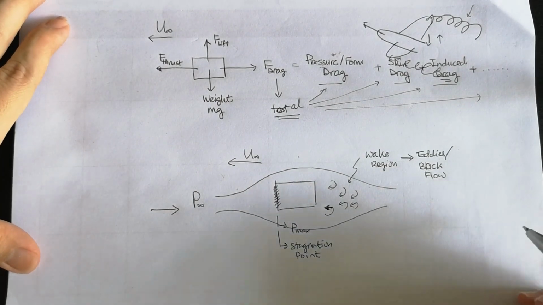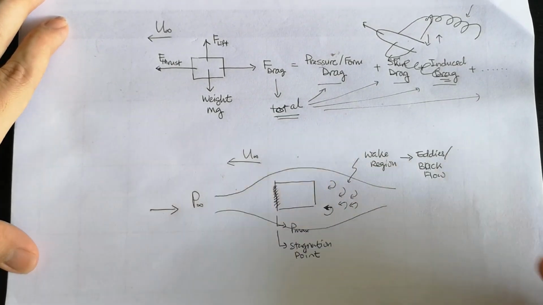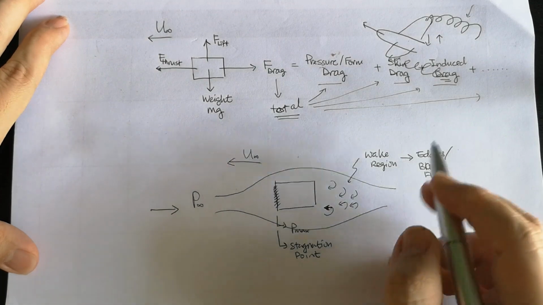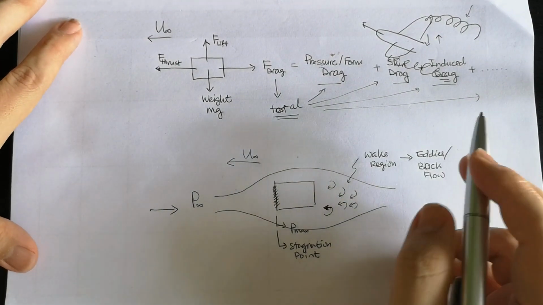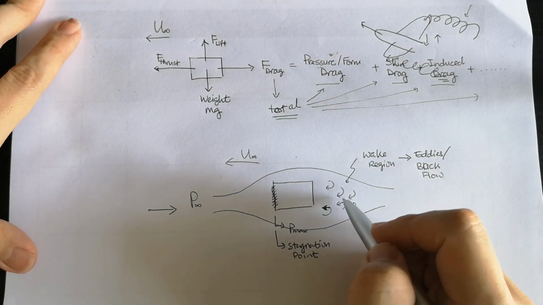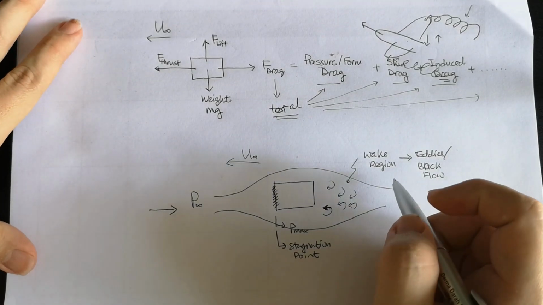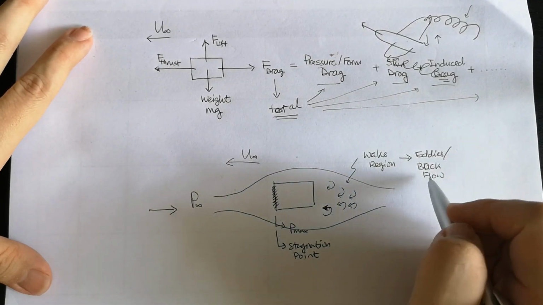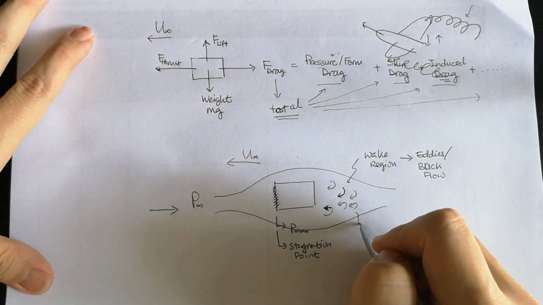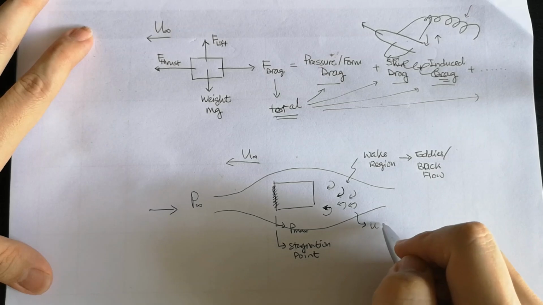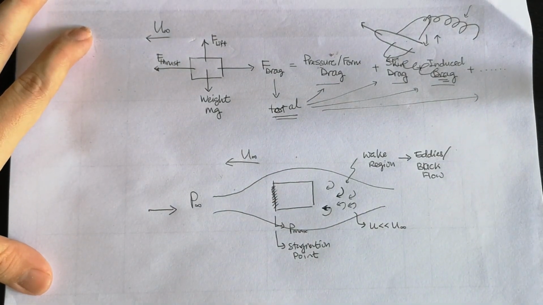So what is the significance of forming these eddies here? If you refer to some other reference books, this is what they explain, and I quite abide by this explanation. When eddy motion is formed, before I forget, the velocity in the eddy motion is very, very small compared to our free stream velocity.